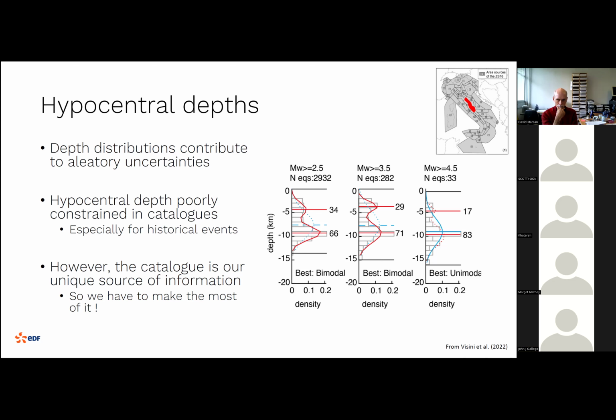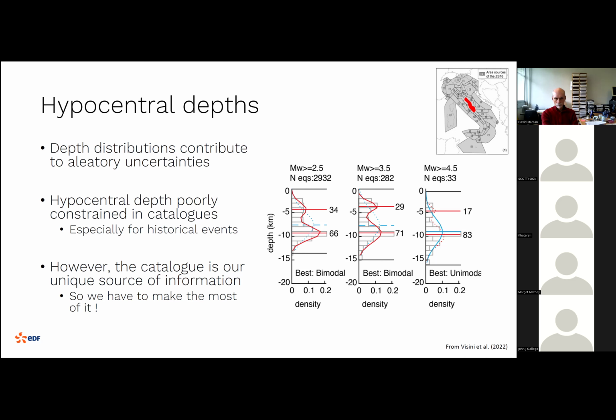But the fact is that hypocentral depths are also very poorly constrained in earthquake catalogs, especially for historical events. Because when we are doing PSHA, we consider seismicity over a long term, and sometimes we have to consider earthquakes that occurred 200, 400, 500 years ago, for which the knowledge is very poor. However, as I said, the catalog is our unique source of information.